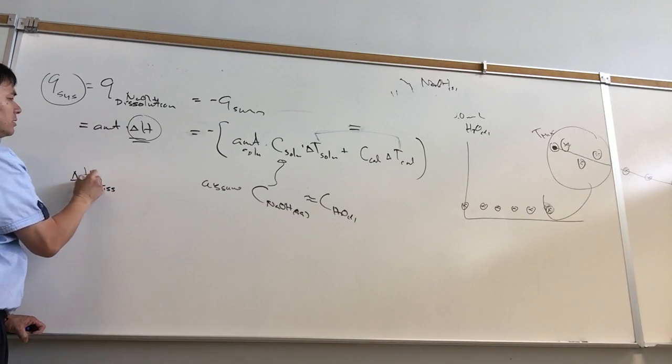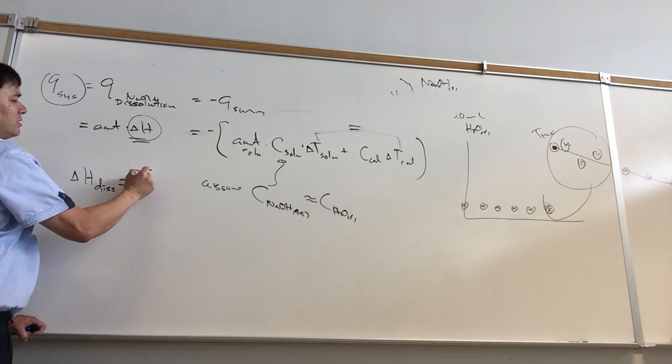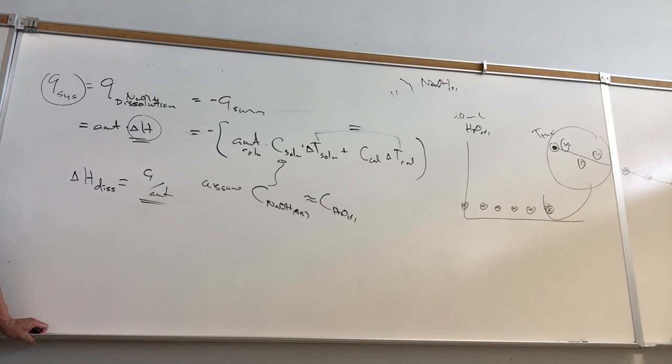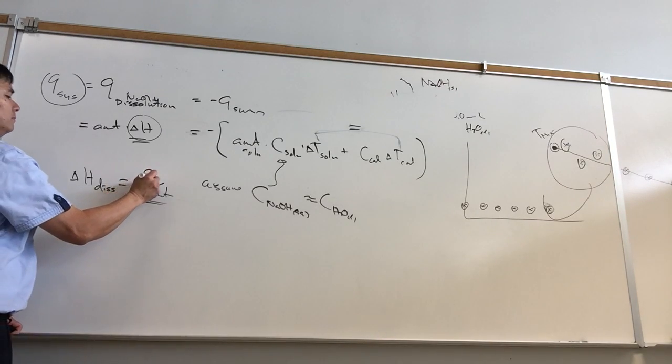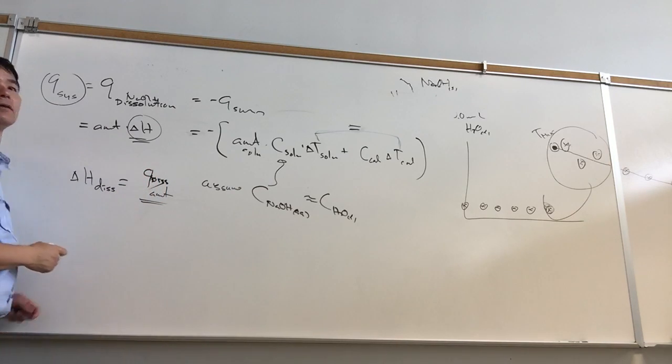Delta H of dissolution is just Q of dissolution divided by the amount. We're going to solve for delta H in 2 units: joules per gram or kilojoules per gram, and then kilojoules per mole, depending on if we want the amount in grams or in moles.